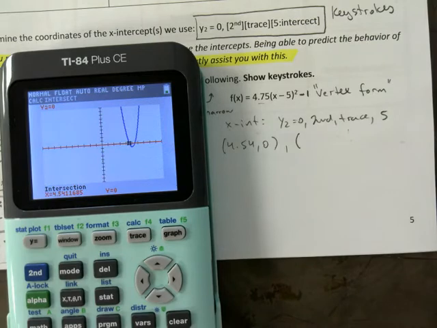And the second one, go ahead and try to find the second one. Keep going, arrow right. One more time. There you go. If you're having issues, let me know, okay?